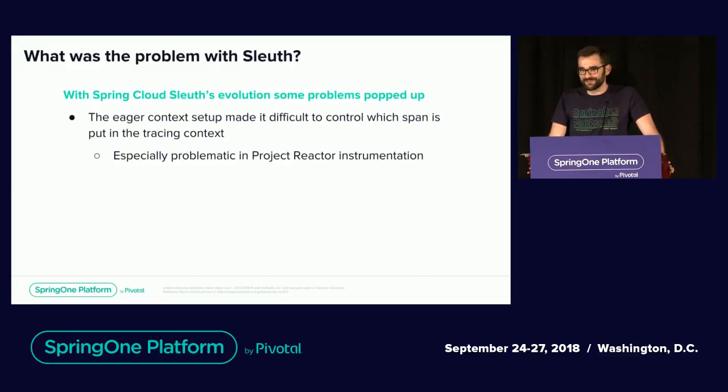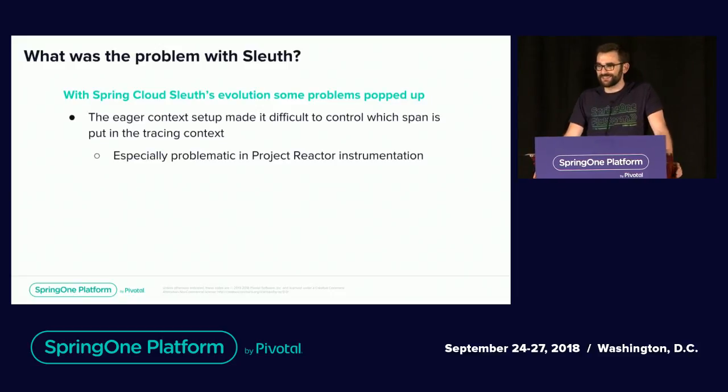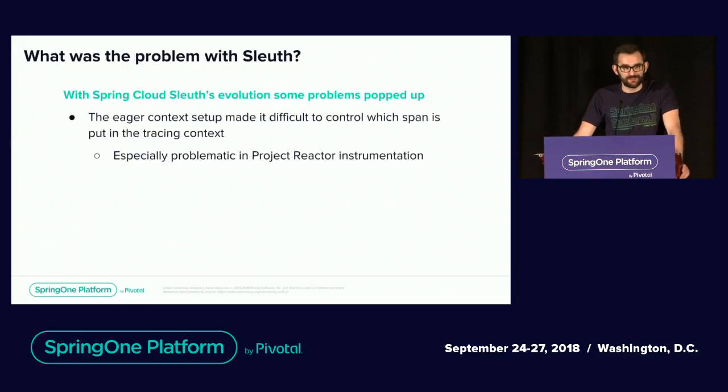Like Adrian said, in Brave there is this option of splitting, where you create a span and then put it in the thread local, and that became an option we wanted to consider, because with Reactor it's extremely problematic: the reactive programming model is really contrary to the concept of a thread local, right? So that was problematic.